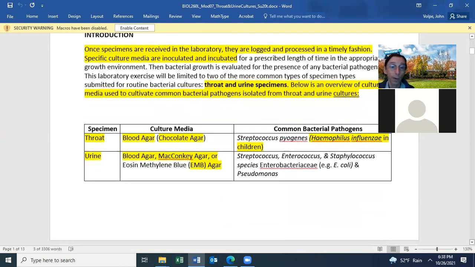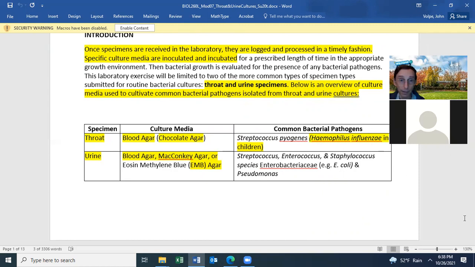All right. Once specimens are received in a lab, they are logged and processed in a timely fashion. Specific culture media are used to inoculate and incubate the organisms. Throat and urine specimens use the following media, and these media are used to cultivate common bacterial pathogens isolated from the throat and the urine.